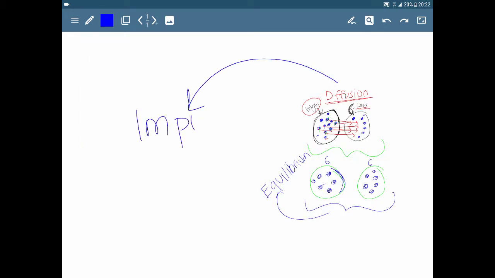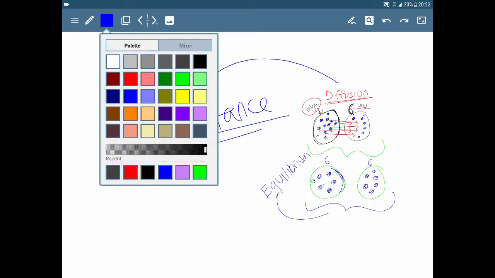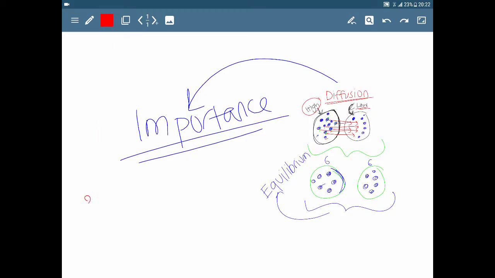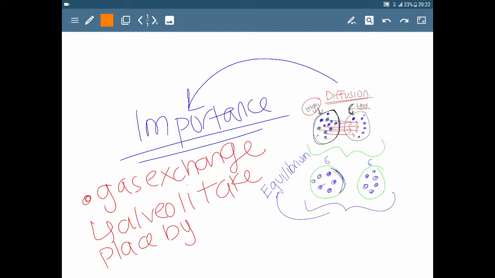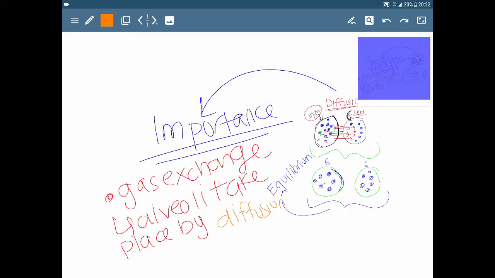The importance is that usually gas exchange in the alveoli happens by diffusion. It takes place by diffusion. Okay, that's the first thing.